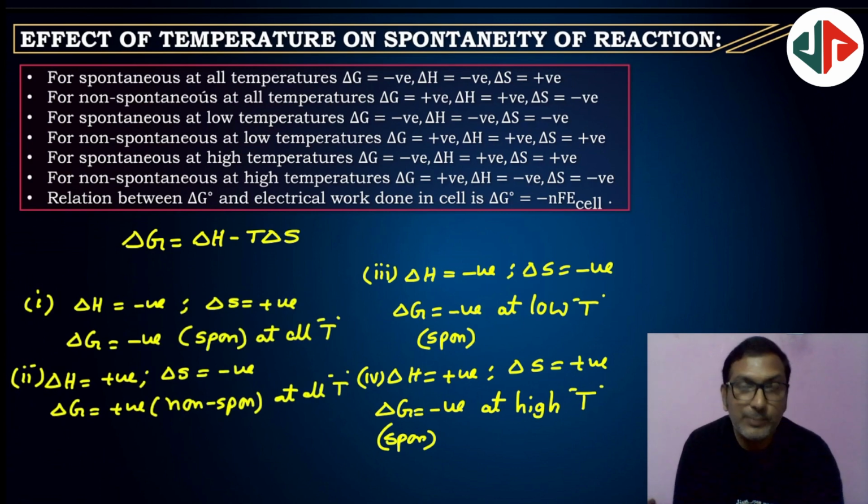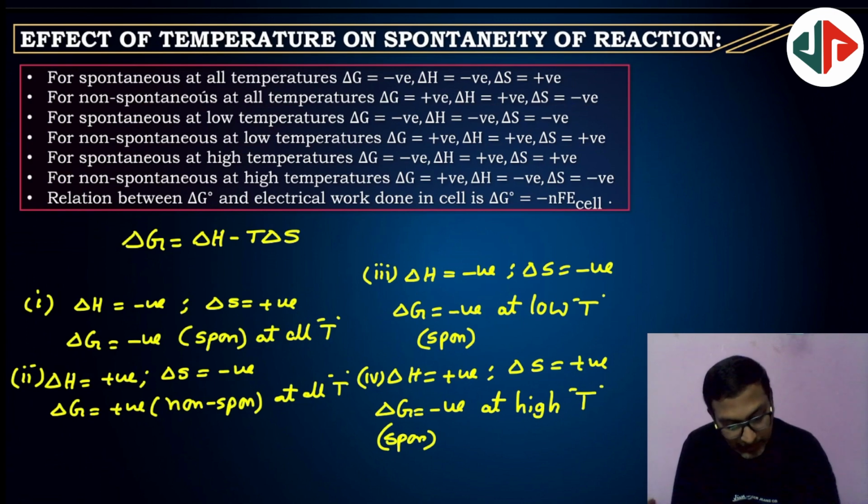So check here spontaneity. For spontaneous at all temperatures, delta H negative, delta S positive. For non-spontaneous at all temperatures, delta H positive, delta S negative, the reverse. If both are negative, spontaneous at low temperature, that is already given at the bottom.